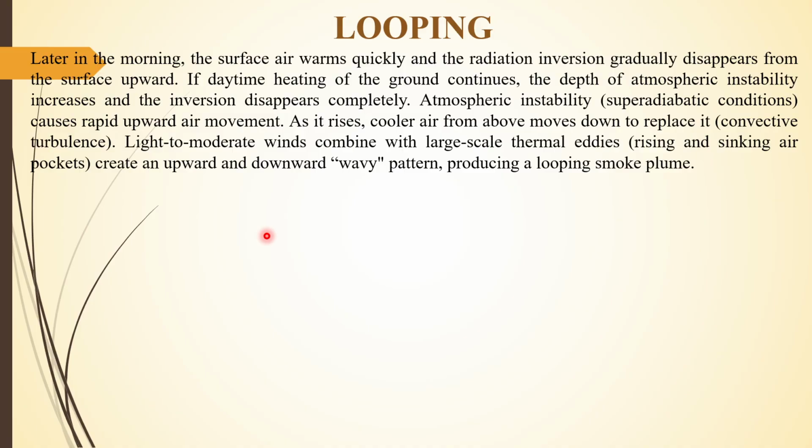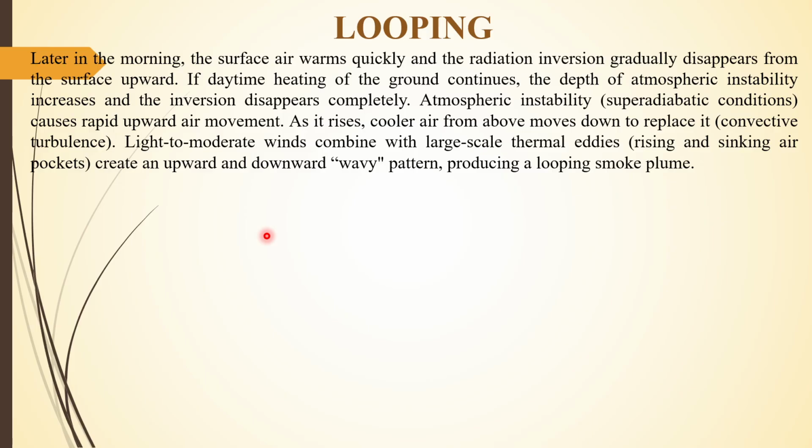Now, looping. Later in the morning, the surface air warms quickly and the radiation inversion gradually disappears from the surface upward. With daytime heating of the ground, the depth of atmospheric instability increases and the inversion disappears completely. Atmospheric instability causes rapid upward air movement.